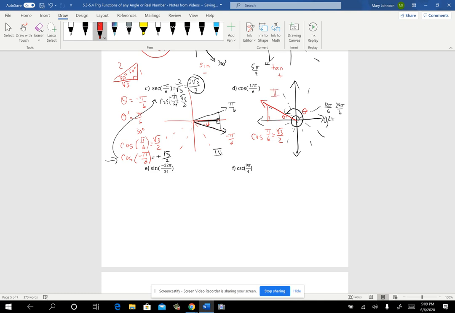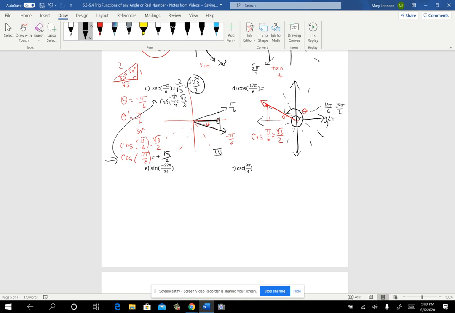And see how you had to go to the left to get there? That means your cosine is going to be negative there. So we know cosine of 17 pi over 6 should be the same as cosine of pi over 6. They should be equal, except you might have to adjust the sign. So that should equal the cosine of the reference angle. Let me move that over just a bit.